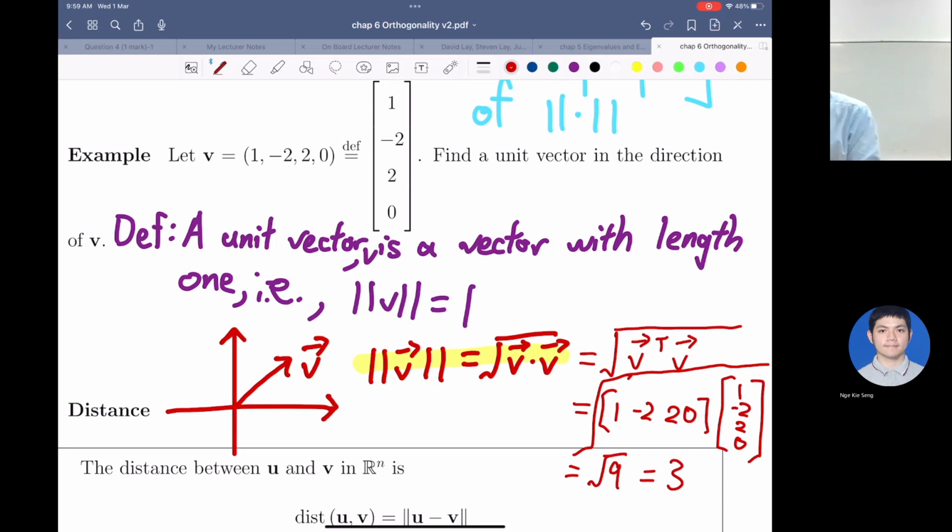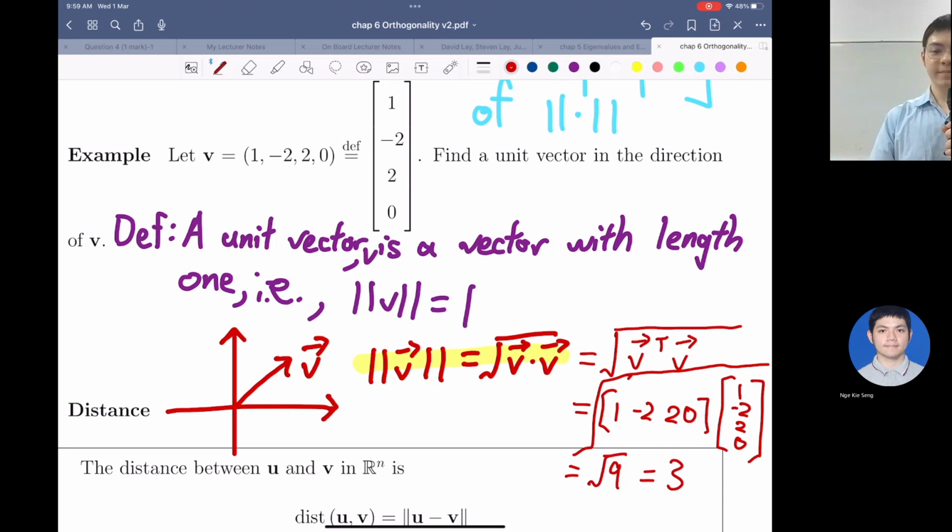So it's not 1. How do we find a vector with length 1 in that direction? This vector has length 3, so how do we make it length 1? The direction is correct, but the length is wrong.